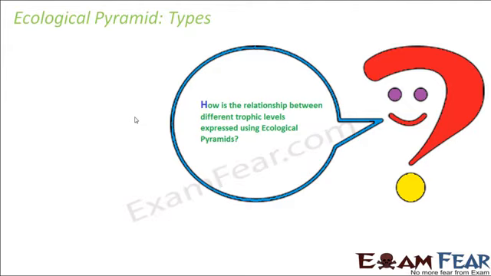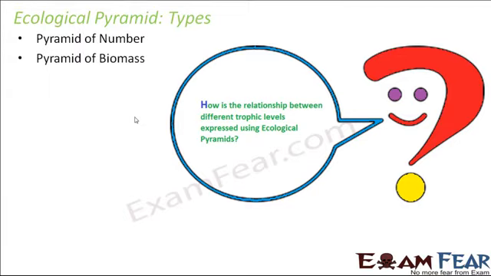Now, in the hunt of seeing how the relationship gets expressed using ecological pyramids, we will talk about 3 different types of ecological pyramids: pyramid of number, pyramid of biomass, and pyramid of energy. Once we study these 3 pyramids, we will be able to find out the relationship between the different trophic levels using these pyramids.